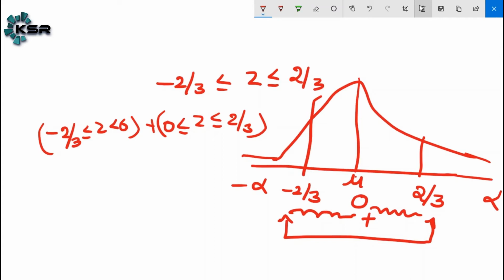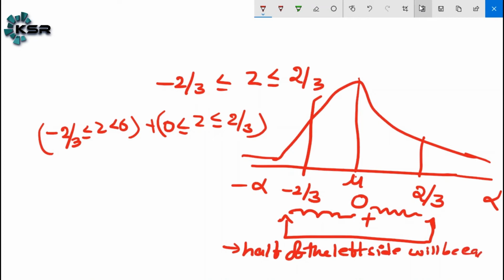The fundamental rule: half of the left side will be equal to half of the right side. So that means the distance from minus 2 by 3 to 0 will be exactly equal to the distance from 0 to 2 by 3.